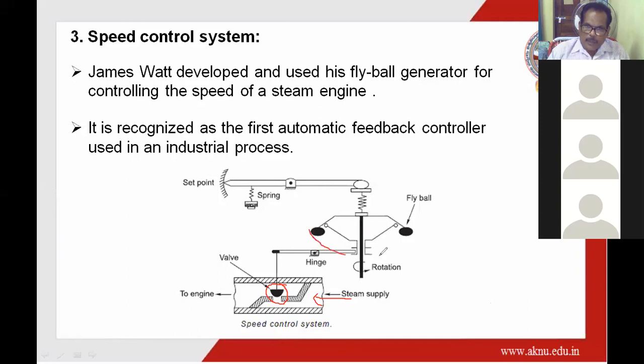Based on these fly balls, the speed of the engine is controlled. The position of the fly balls depends upon the steam and the valve arranged here. So this is one system, this is the speed control engine.